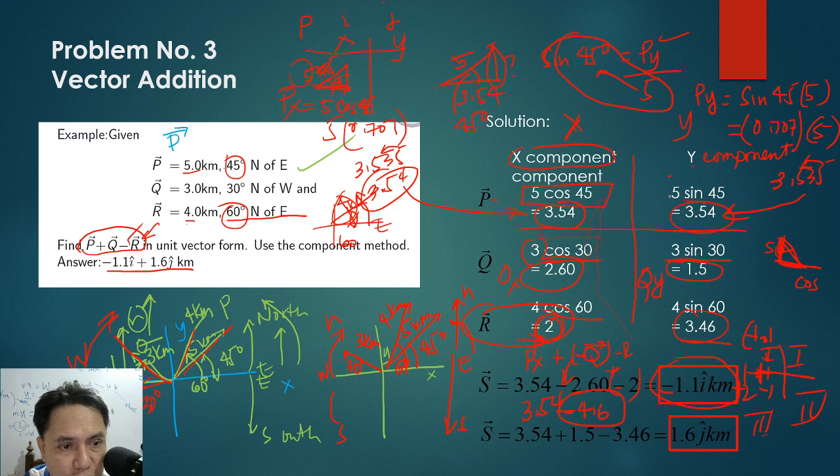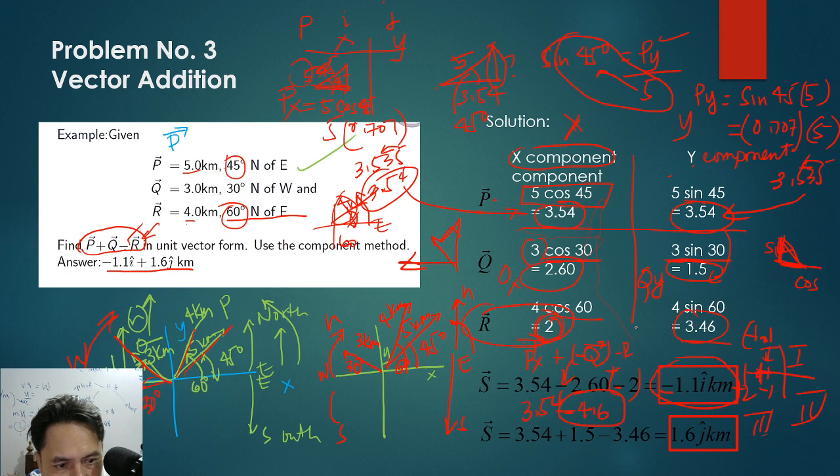So 3.54, positive, and then plus q. Where is q? Q is in quadrant 2, negative there but positive here. So y is positive: 3.54 and 1.5. Then the last is negative r. So what is our r?